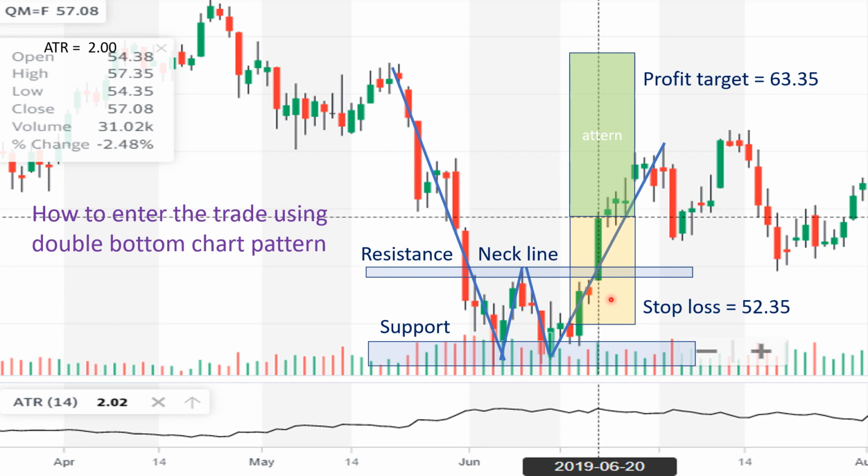Some traders wait until the price retests the neckline and bounces back up, and at the first bullish candle they enter the trade, just like here. So that is how to enter the trade using double bottom chart pattern.